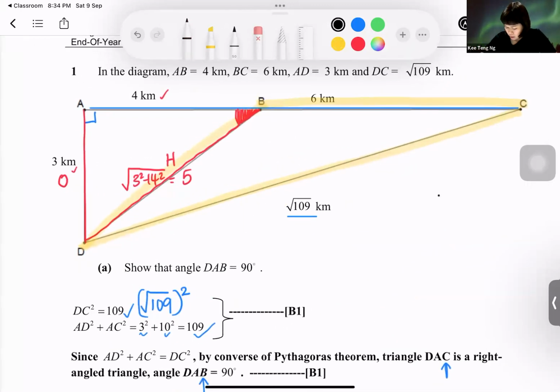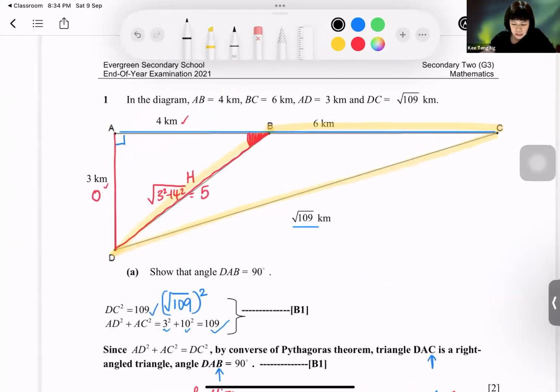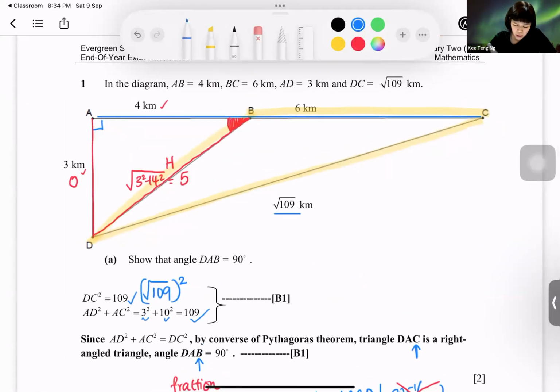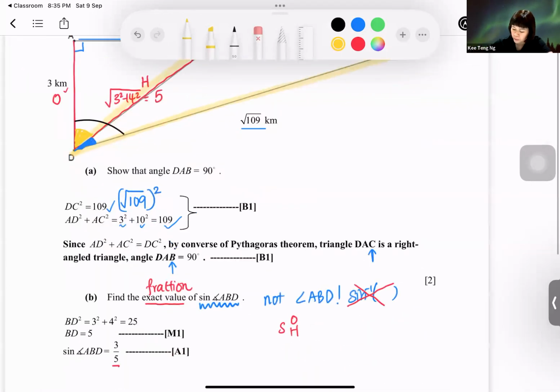In order to get angle BDC, the small angle over here, I can get the larger angle using my larger triangle, and then find the other angle, which was just now my angle, and then subtract the two of them to get my blue angle. That's for me. Different people have different choices, up to them.